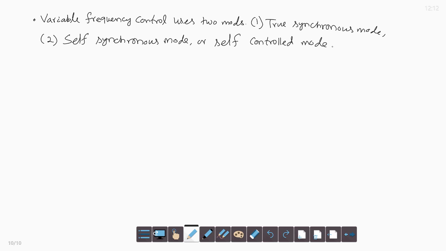In true synchronous mode, the stator supply frequency is controlled from an independent oscillator. Directly from the oscillator, the supply frequency of the inverter is varied. That means output frequency of the inverter is varied, motor supply frequency is varied. So, synchronous speed is varied directly from the oscillator, but frequency is changed gradually, so that the difference between the synchronous speed and motor speed is always small. So, the rotor tracks the changes in synchronous speed, that is important.